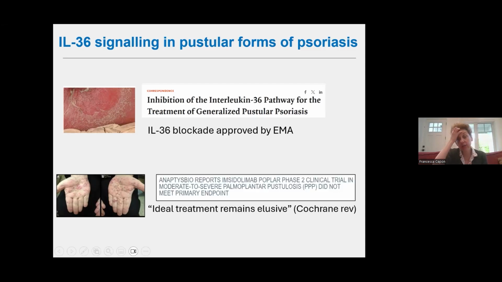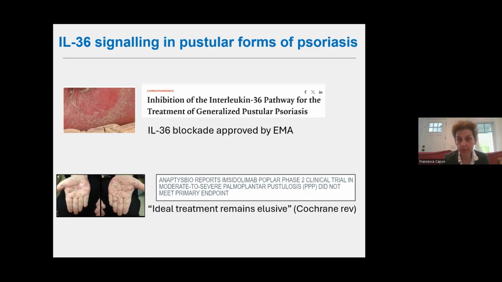On the other hand, trials of an IL-36 blocker in palmoplantar pustulosis failed to meet their primary endpoint. And so these results really told us that if we wanted to find therapeutic targets for the treatment of PPP, we needed to go back to the drawing board.